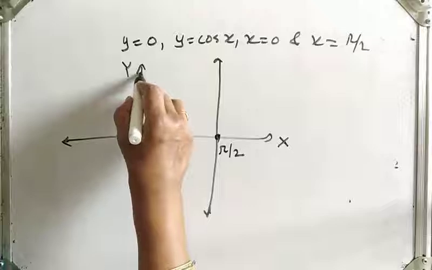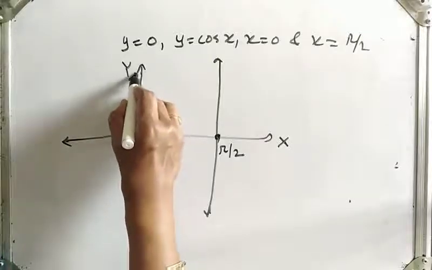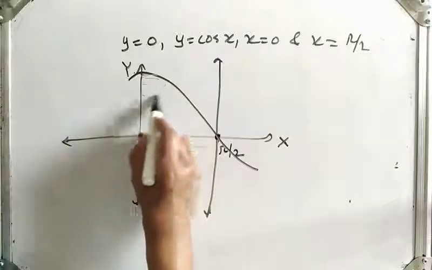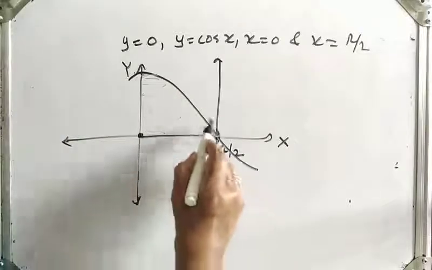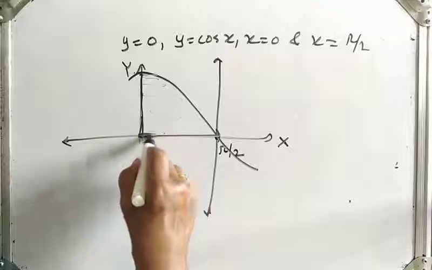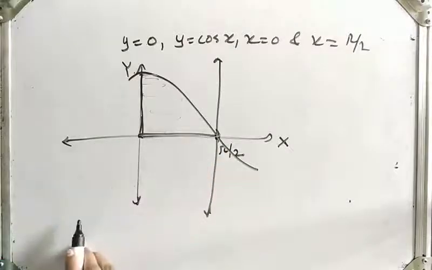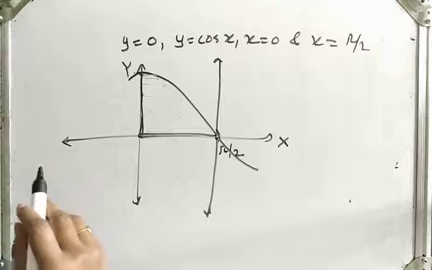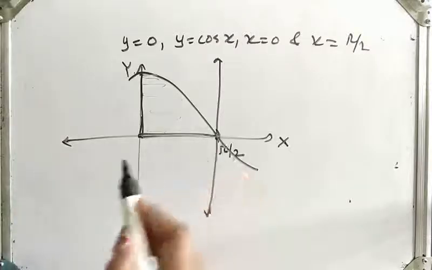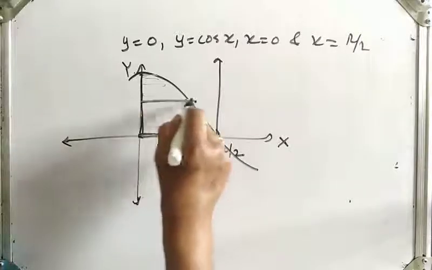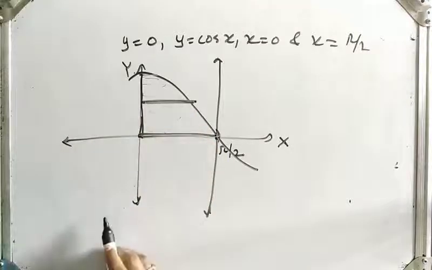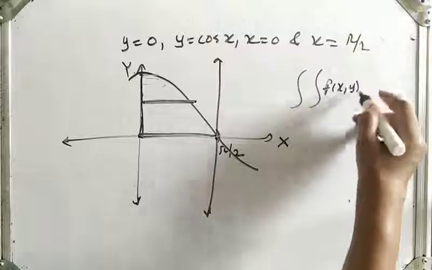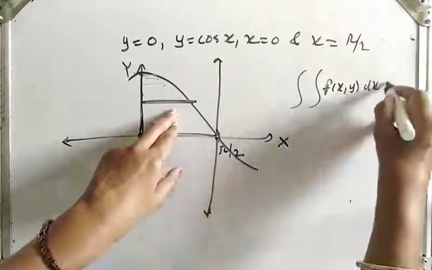So the graph will be like this. This region is our given region of integration, and in the given example dy is first and then dx. Now we have to reverse this, means we integrate with respect to x first, so we will take a strip parallel to x axis. That will be double integration of f of x y, dx dy.